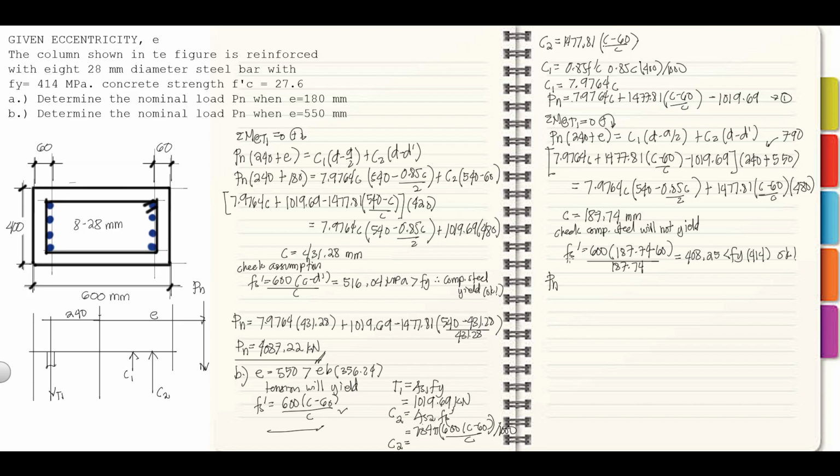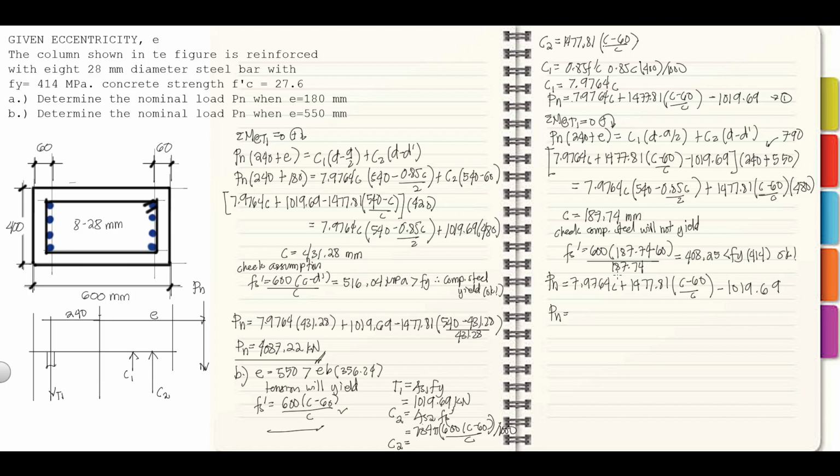Okay? So, tuloy natin. Pn. So, Pn is equal to 7.9764C plus 1477.81 quantity C minus 60 all over C minus 1019.69. Okay? So, ang Pn natin, lagay natin yung value ng C. So, yun na naman gagawin natin dyan, no? 7.9764.